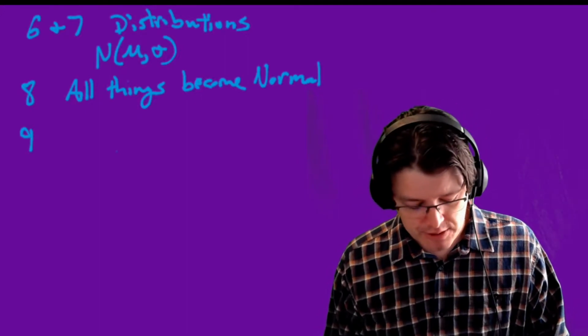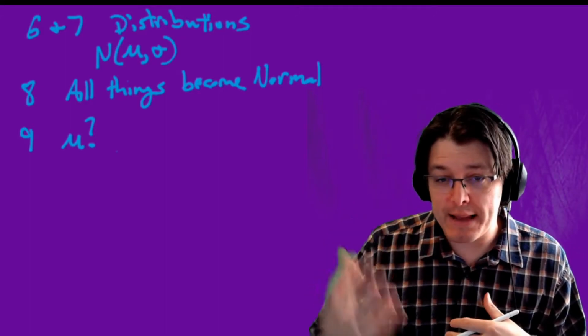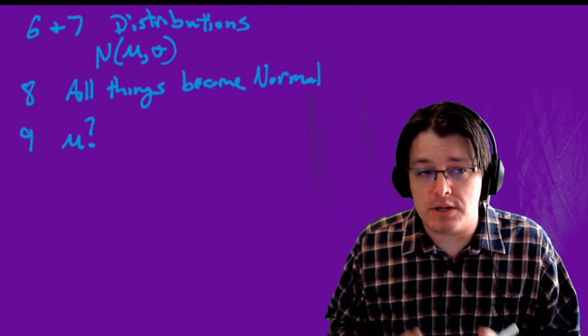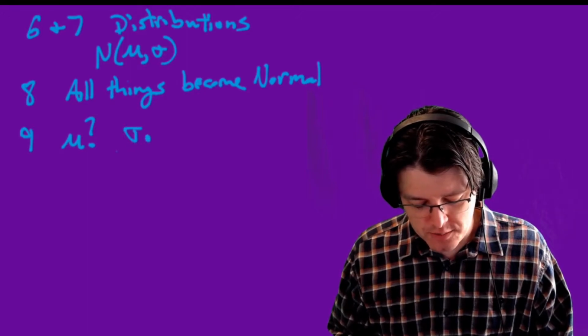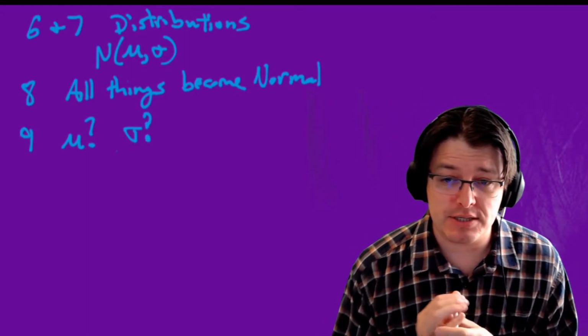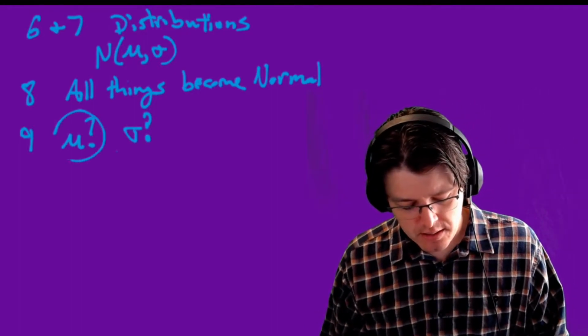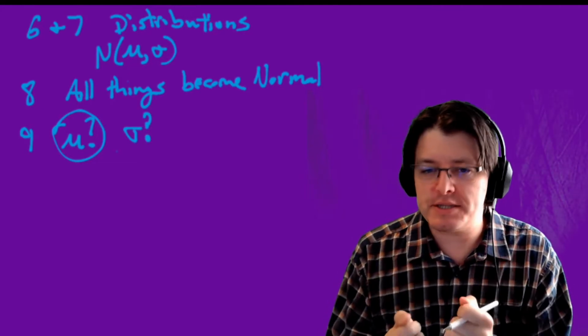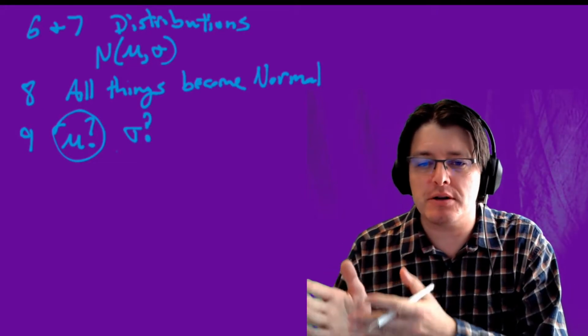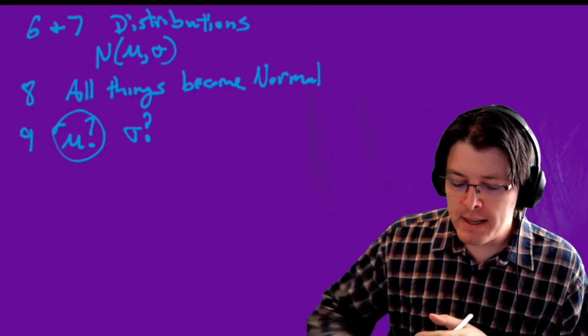And specifically in chapter 9, we deal with what happens when we don't know the mean. How do we take a best guess? How do we build in uncertainty? And of course, we also deal with not knowing the population standard deviation. But most of our questions in chapter 9 are this question: what does the population mean? I'm not sure. Let me take a sample and take a good guess at it.